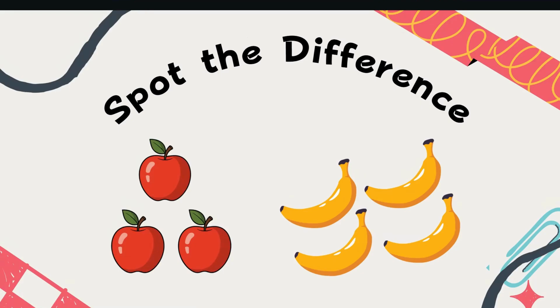Bananas more than apples. So the bananas are in rows this time, and the apples are in a scattered pattern. Good job.